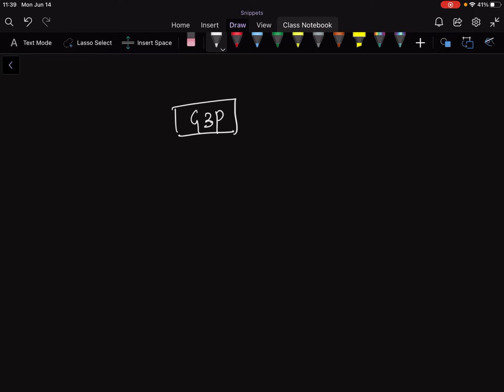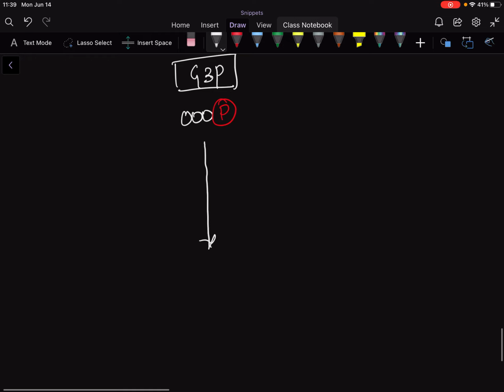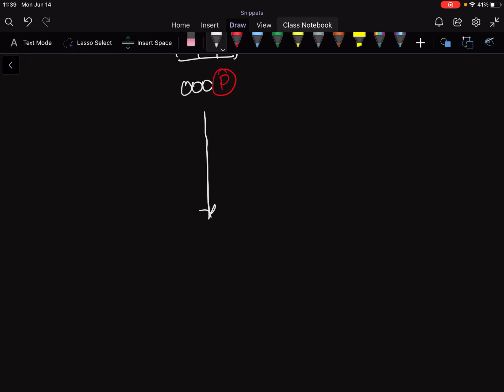So this is the structure of glyceraldehyde 3-phosphate. Okay. We are again converting this glyceraldehyde 3-phosphate into a structure called 1,3-bisphosphoglycerate.